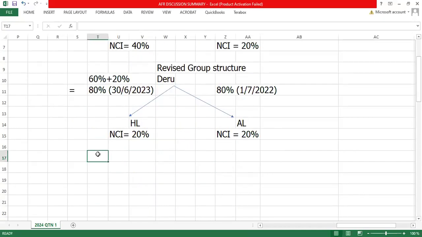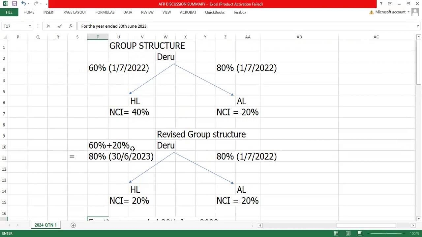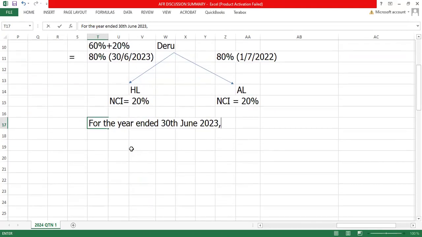For the year ended 30th June 2023, all entities will be consolidated. Because all entities were subsidiaries.